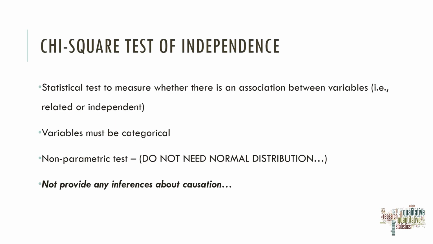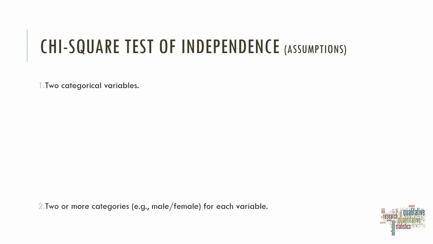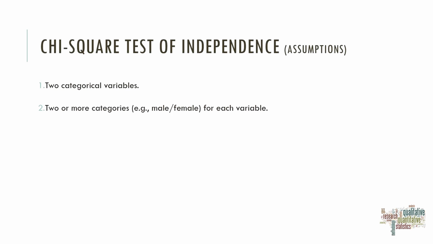However, there are some assumptions regarding the Chi-Square test. The variables must be categorical. We need 2 or more levels for each variable. For instance, if we have a sex variable or a gender variable, we may have two levels, such as male or female.